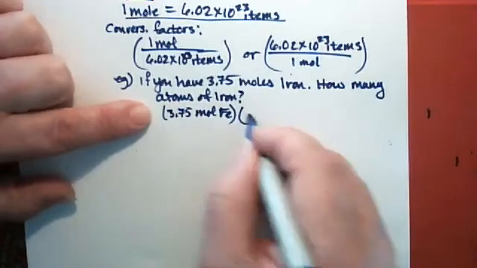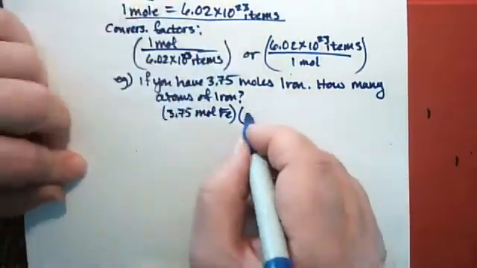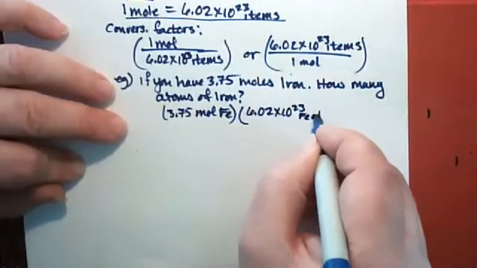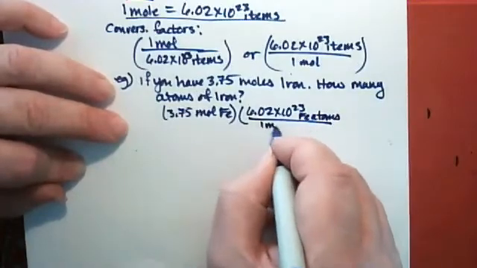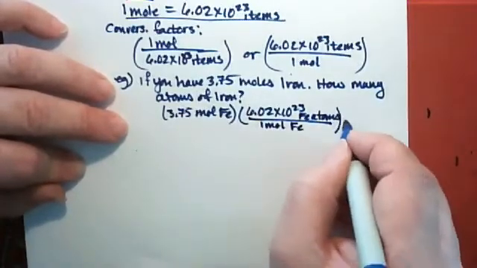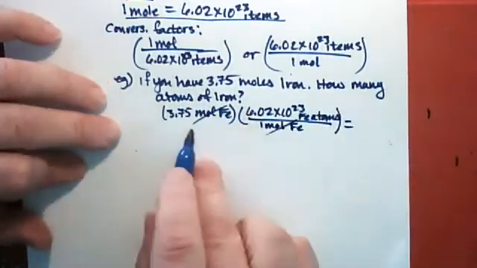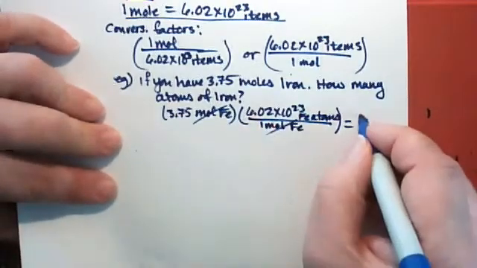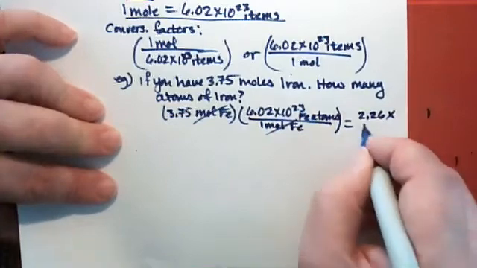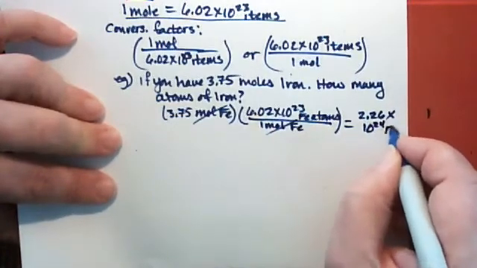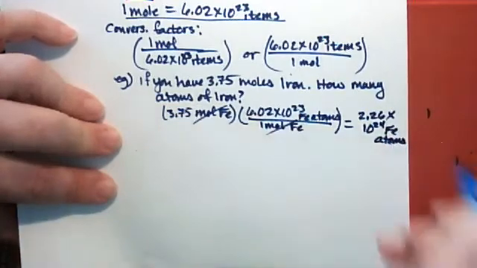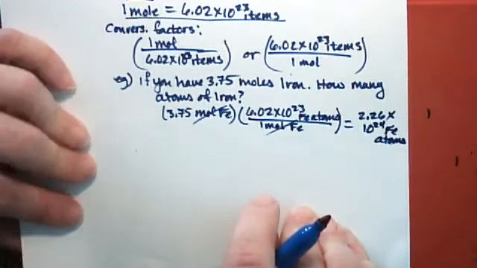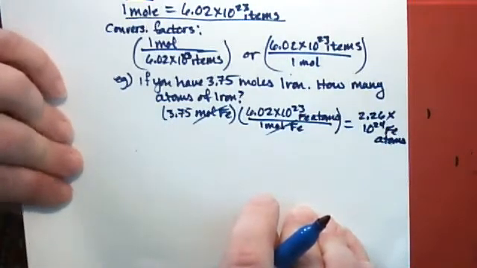Times the number of items in a mole. Moles of Fe will cancel, and 3.75 times 6.02 times 10 to the 23rd ends up being 2.26 times 10 to the 24th iron atoms. Okay, big numbers, but that's to be expected because atoms are really tiny.